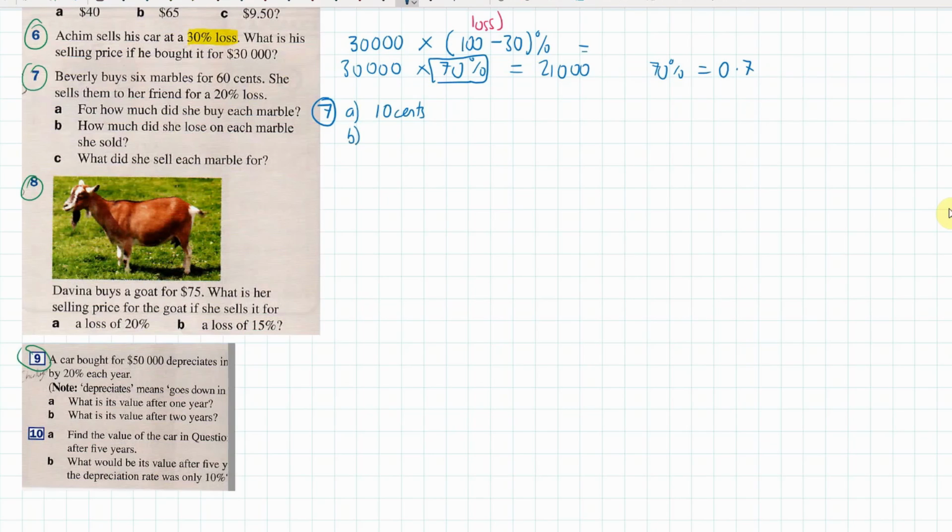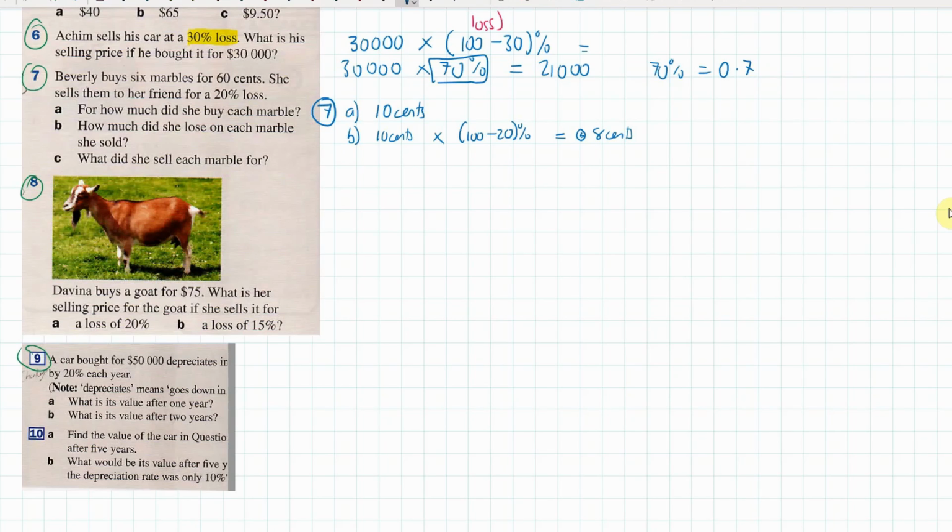B, how much did she lose on each marble sold? Well, she sold them for a 20% loss, so we could go 10 cents times, and if she's making a 20% loss, 100 take away 20%, which is equal to 8 cents.